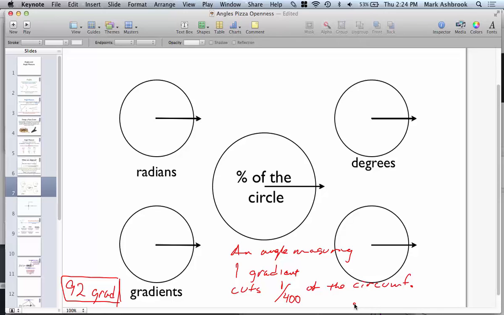Okay, so let's estimate first. Diana, how much openness is 92 gradients? Like, where should I put the terminal side? First quadrant. Can you be more specific? Towards the top. Why do you think there?